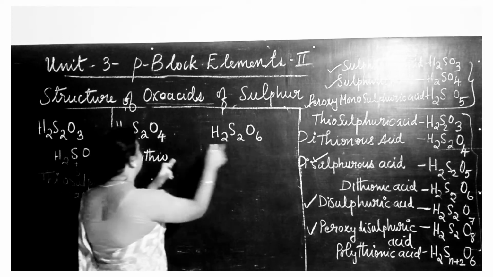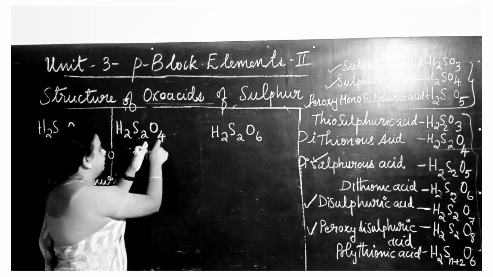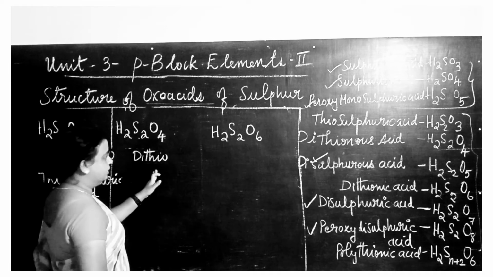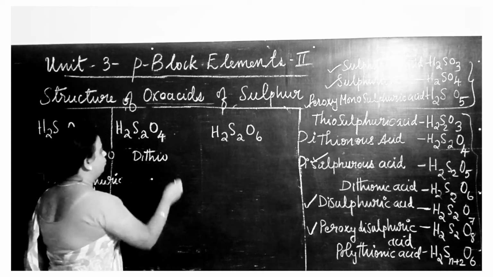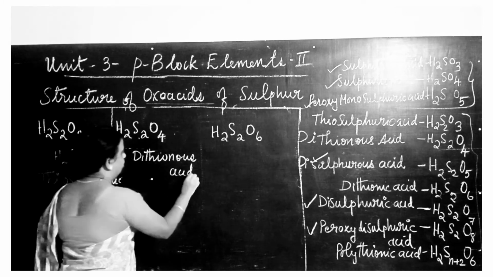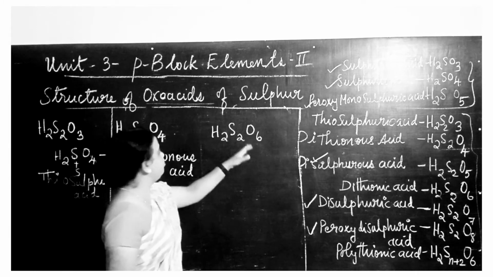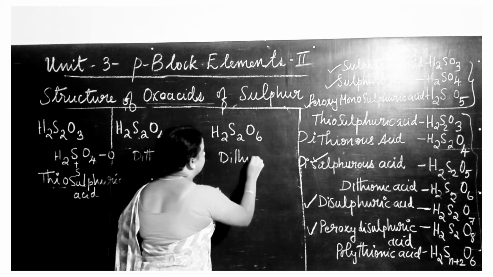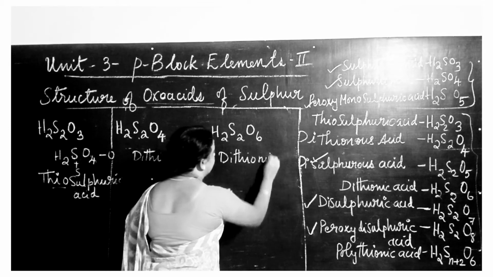Here it is 6 oxygen atoms. So where the number of oxygen atoms is less, you give it the name dithionous acid. Okay. Then here the oxygen atoms are comparatively more, so here you give it as dithionic acid. Dithionic acid.